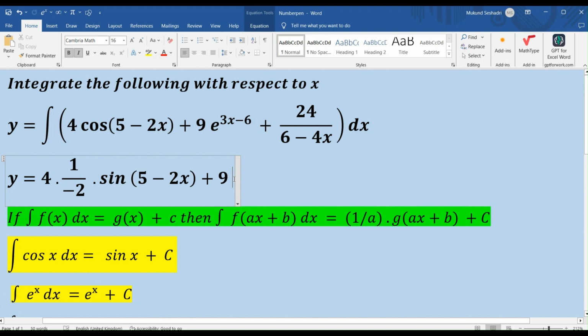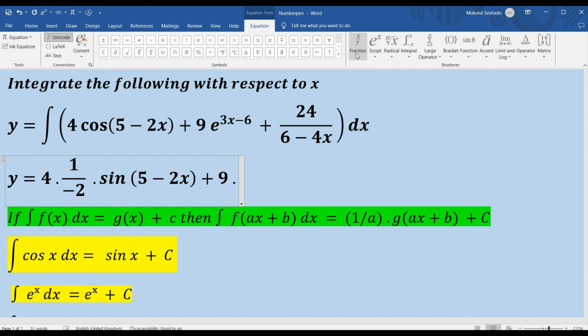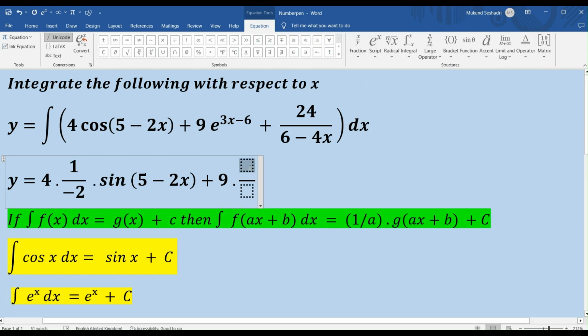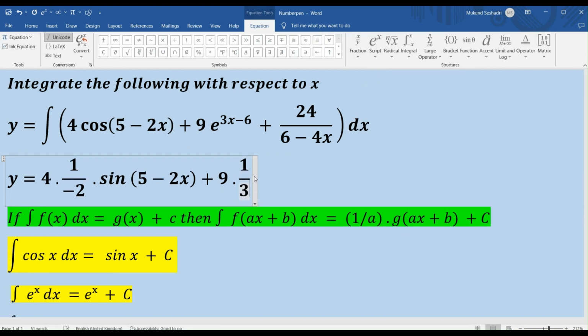My ax plus b equals 3x minus 6 means my a is 3, right? So I have 1 divided by 3 times, again, I have e to the power x dx, integral of that equal e to the power x plus c. So I do not have to really worry about it. I just write it as it is, right?